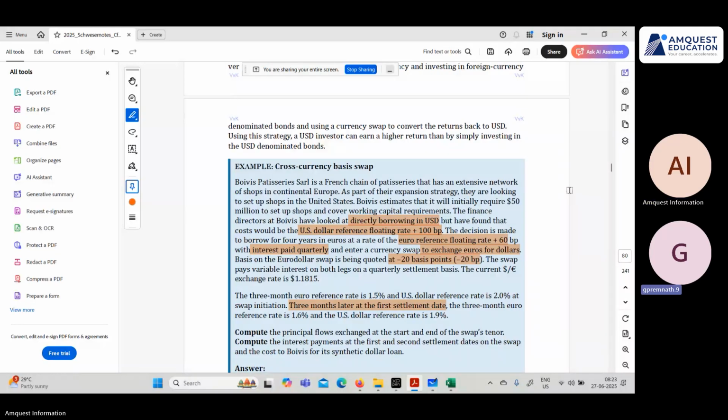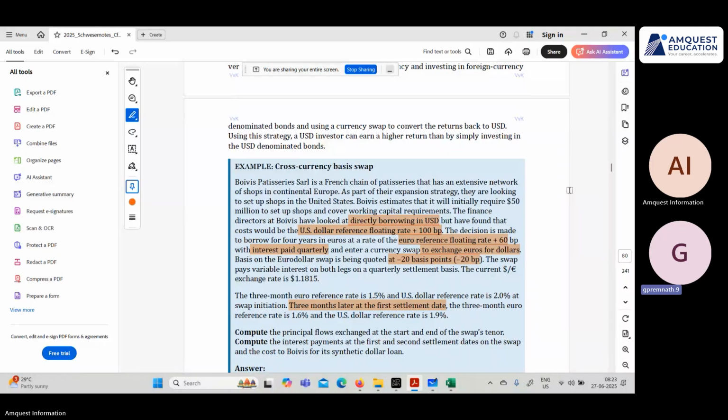I've done something wrong somewhere, but I'll just walk you through what I've done. The first part is I've calculated how much he has to pay the bank in Europe. So the euro rate is 1.6%. He has to pay 1.6% plus 60 bips. So that is actually 2.2%.